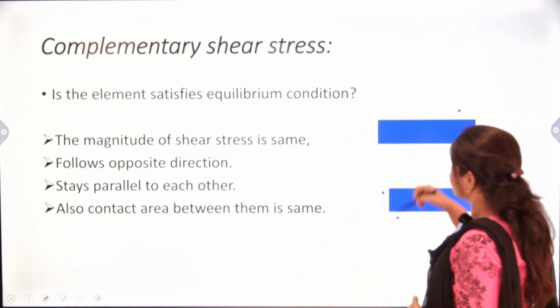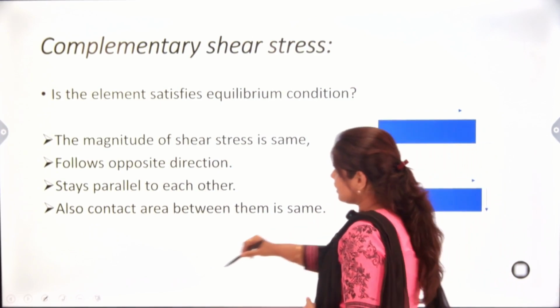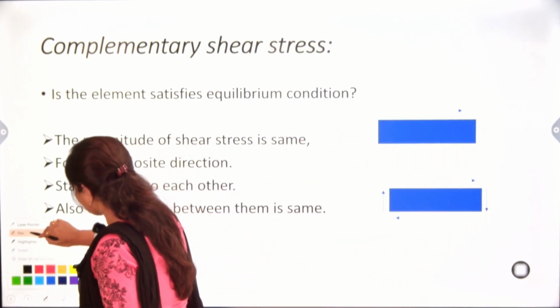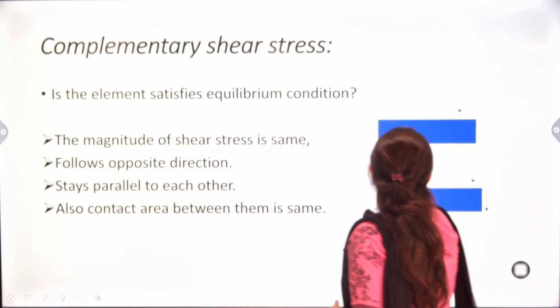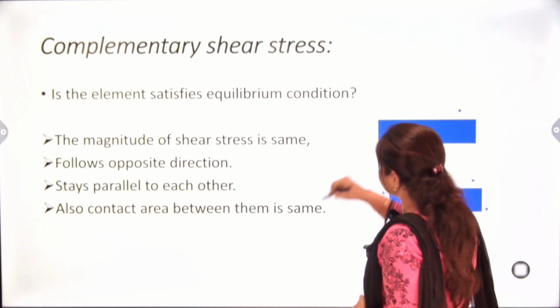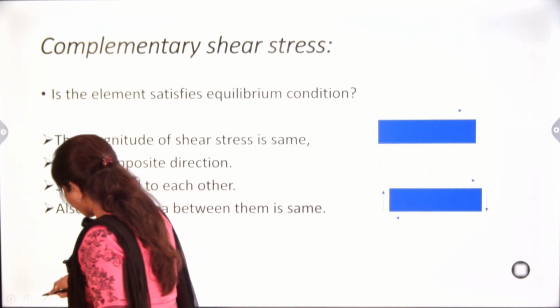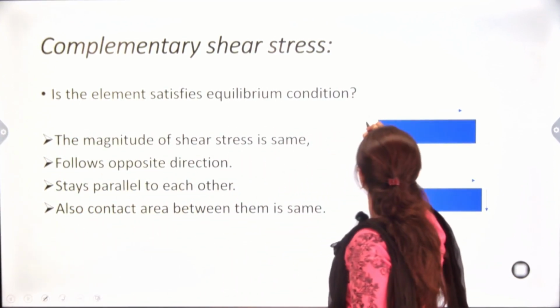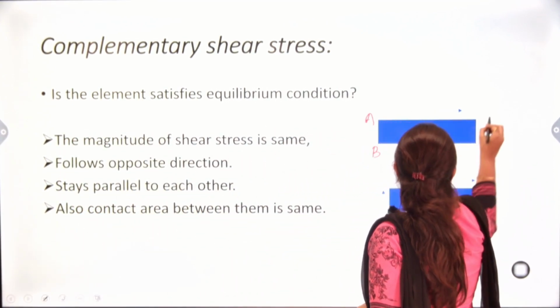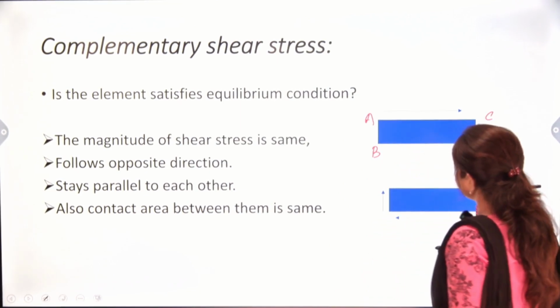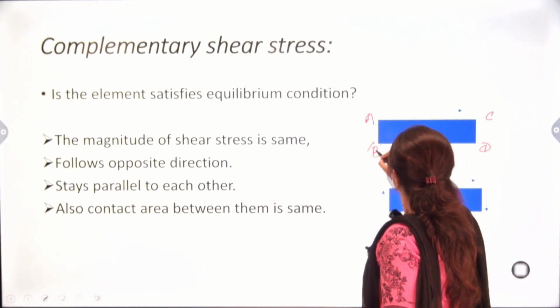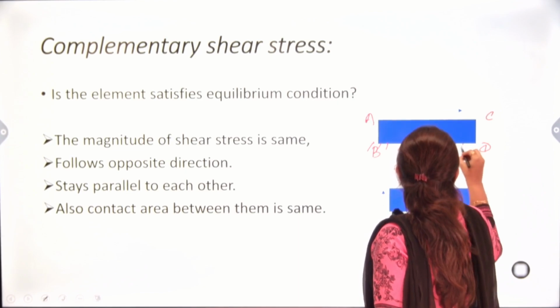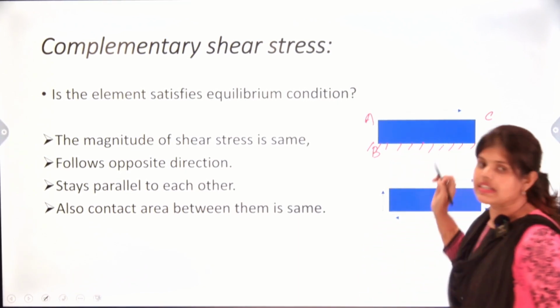Now we will take this rectangle element and name it ABCD. Okay. So now we will fix the end support of this rectangle.